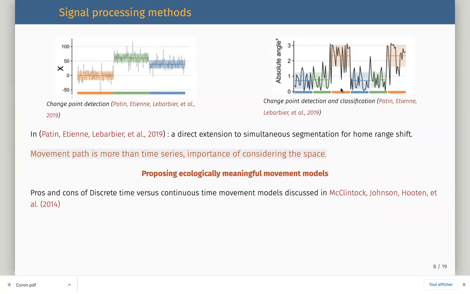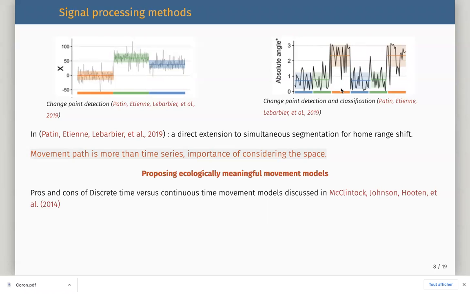Again, we can discuss the advantages and the drawbacks of considering the movement as a continuous time model or using some discrete time model. One of the main concerns, in my opinion, is that if you stick to the discrete time model, you have to be sure that you have a regular time step so that your model is realistic.